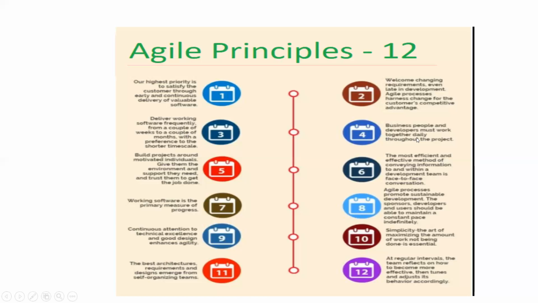And when it comes to the fourth principle, business people and developers must work together daily throughout the project. This is the prime principle. We have to follow it because we should build strong trust between business people and developers, so that proper design and requirements are shared between the teams and delivered within the time box.